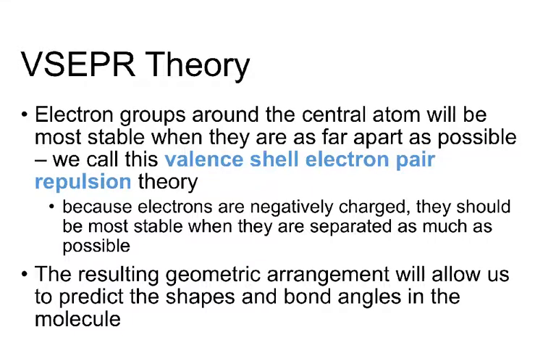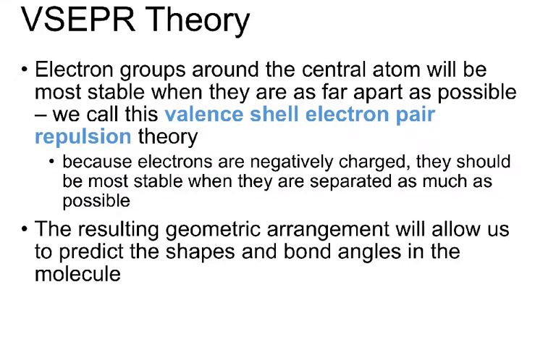So we're going to build on Lewis theory and explore VSEPR theory, valence shell electron pair repulsion theory. And what that says is that electron groups around the central atom will be most stable when they are as far apart as possible. And these resulting geometries will allow us to predict shapes and bond angles in the molecule.